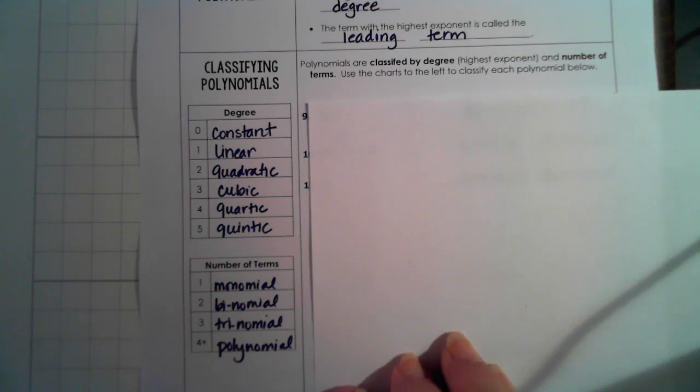It's only a numeral. If the variable has an exponent of 1, then it's linear. If the variable has an exponent of 2, it's quadratic. With a 3, it's cubic. With a 4, we call that quartic. And 5, we call that quintic. There are names for all the other ones, but we typically don't use anything above quintic in our classes here.